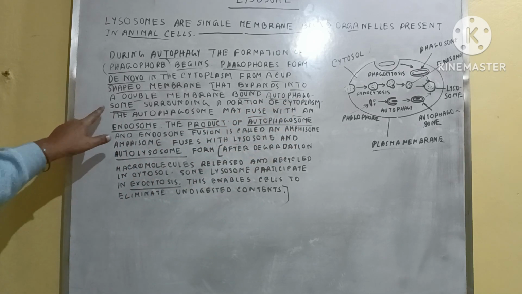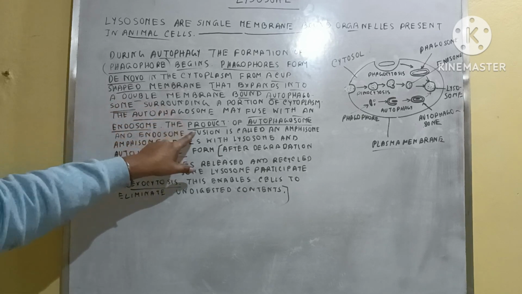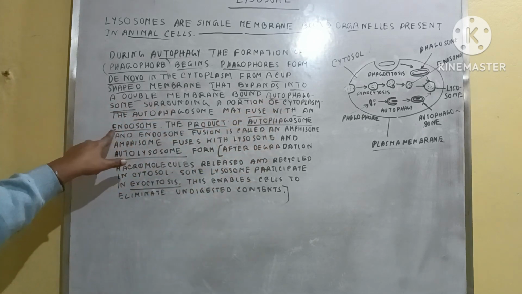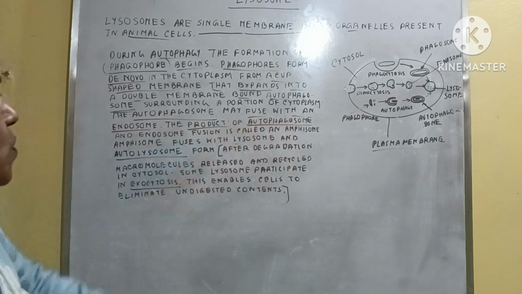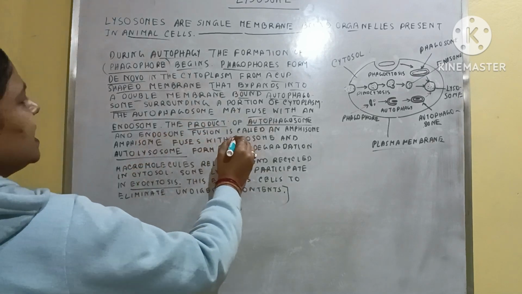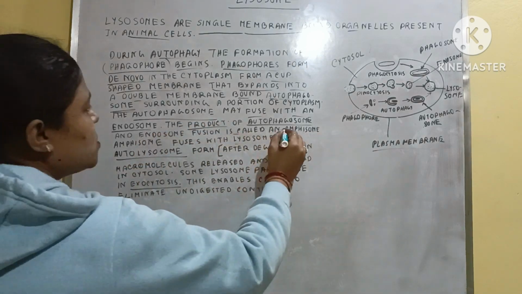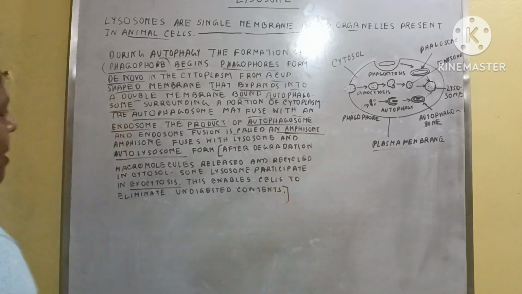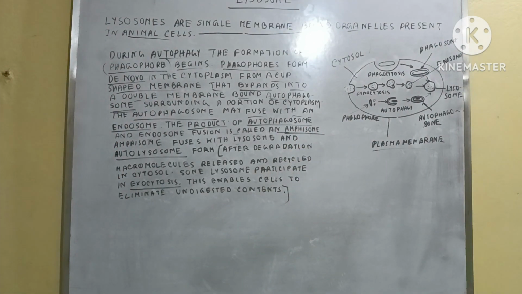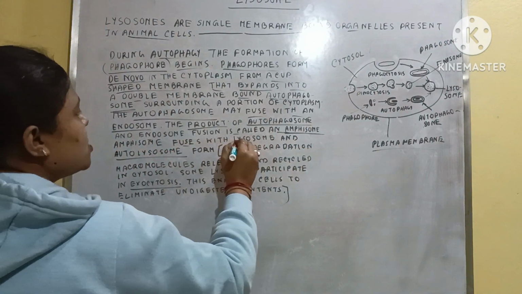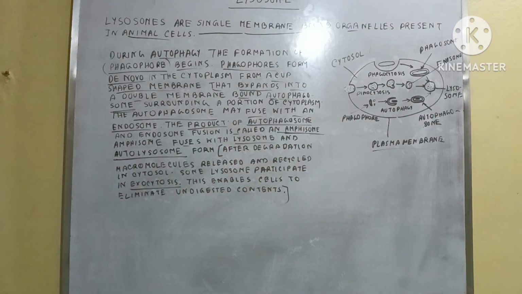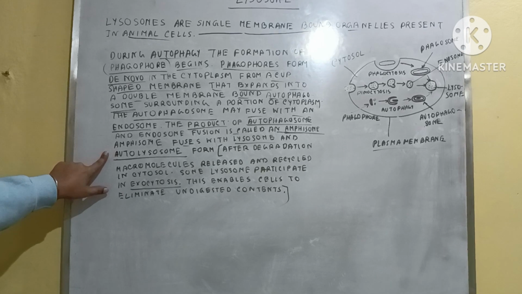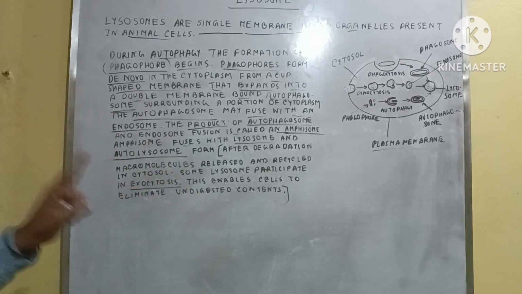This autophagosome again fuses with the endosome, and this endosome fusion product is called an amphisome. This amphisome fuses with the lysosome to form the autolysosome.